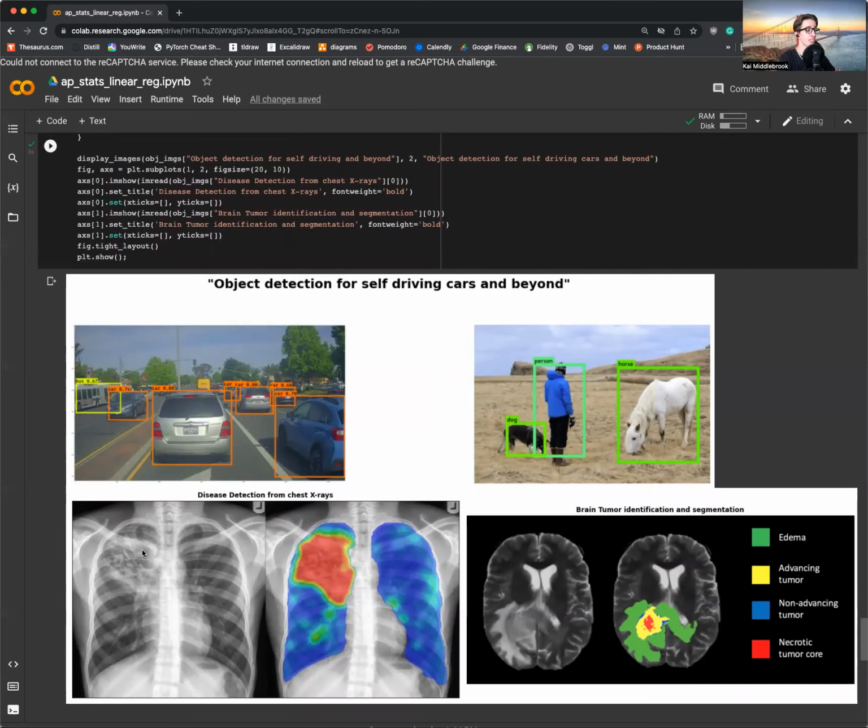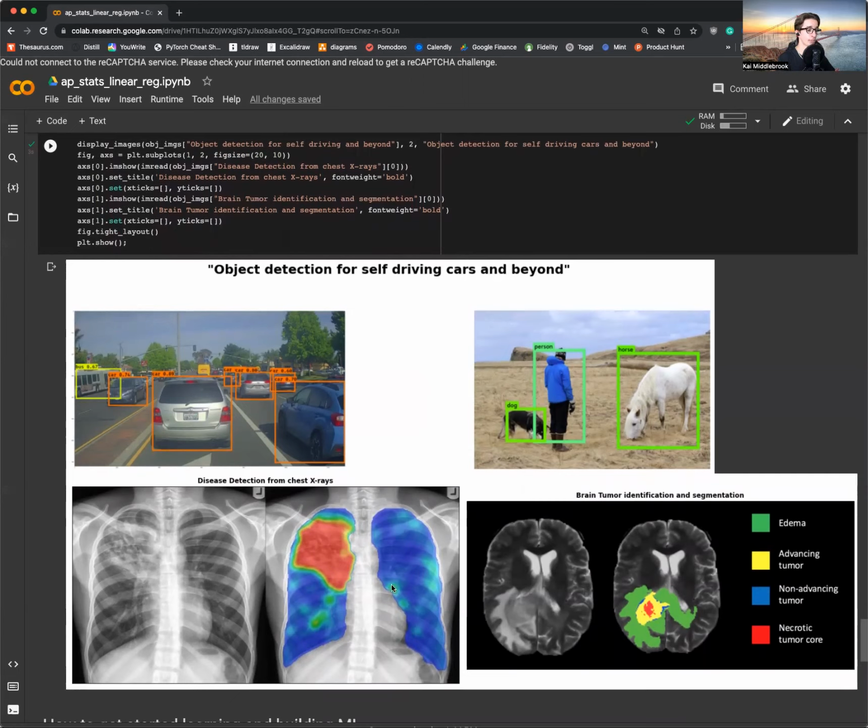So the machine learning model looks at the chest x-ray and shows the doctor where it has detected pneumonia in this patient, and the doctor reviews it and has a better sense of what might be going wrong and what type of diagnosis to give that patient.